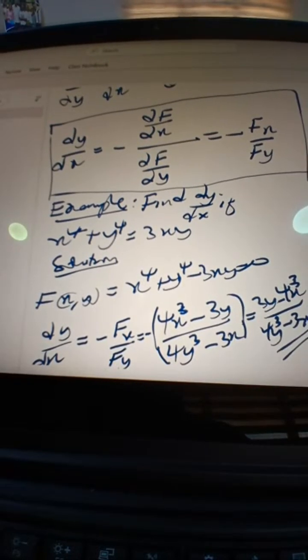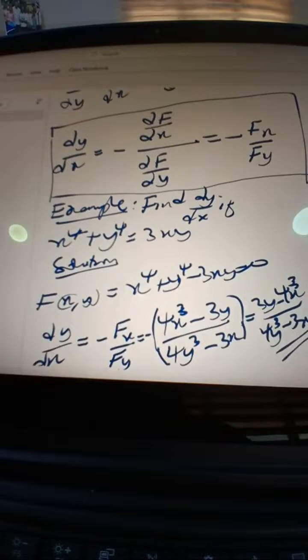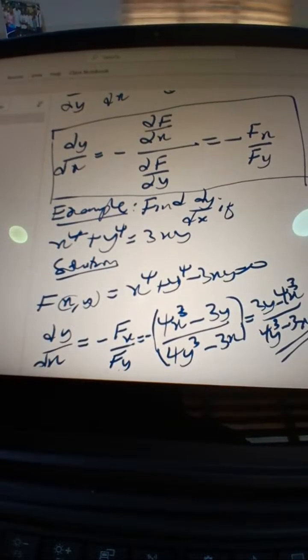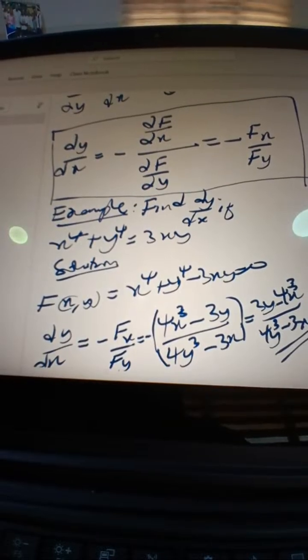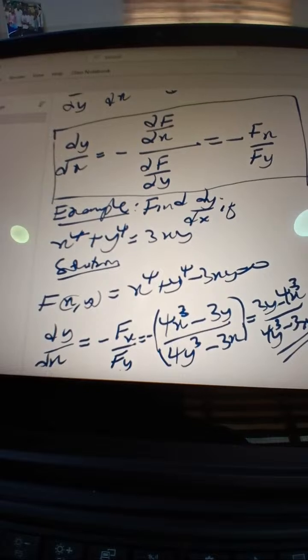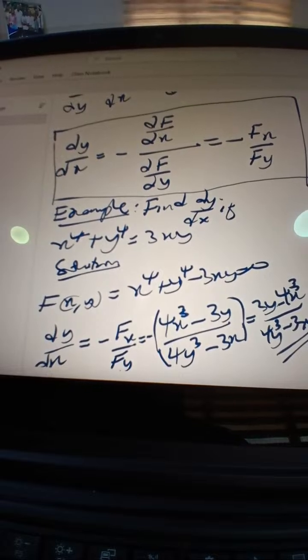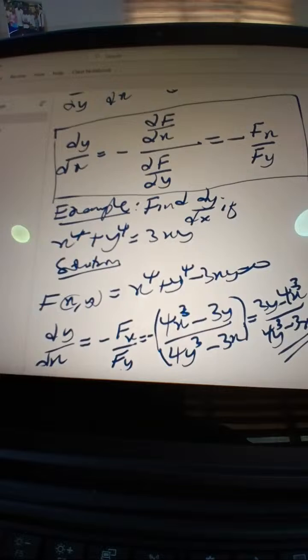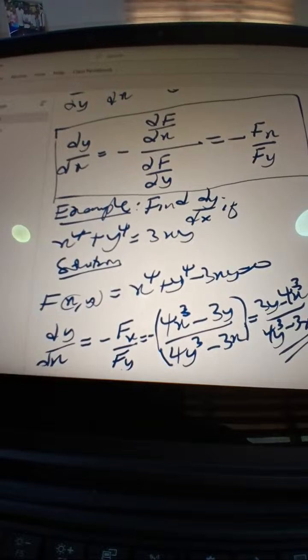For the numerator we differentiate with respect to x. The x raised to the power 4 becomes 4x cubed. The y raised to the power 4 goes to 0. Then we get minus 3y because we differentiate the x. For the denominator we differentiate with respect to y. So we get 4y cubed and then minus 3x.